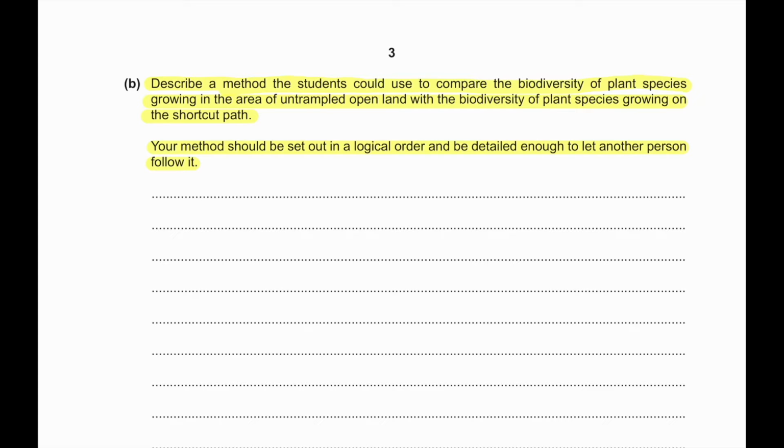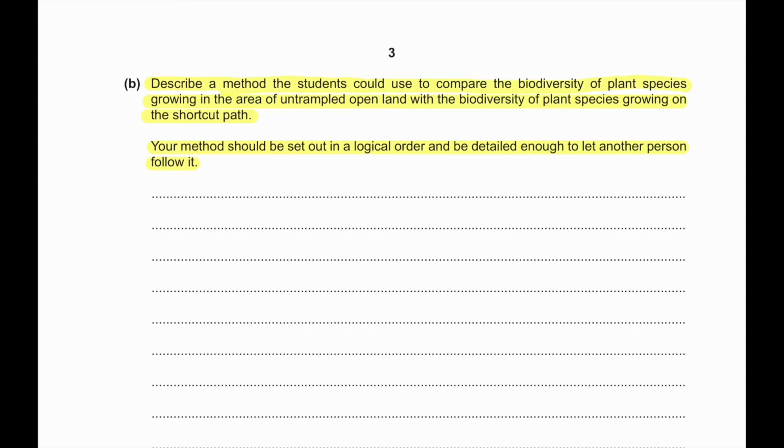So, answer like this: first of all, we need to mention what size of quadrat we are going to be using and what kind of transect, the mapping system we're going to be using. So we can use a 0.25 meter by 0.25 meter quadrat because that particular place is a relatively small space, and we can use a belt interrupted transect.